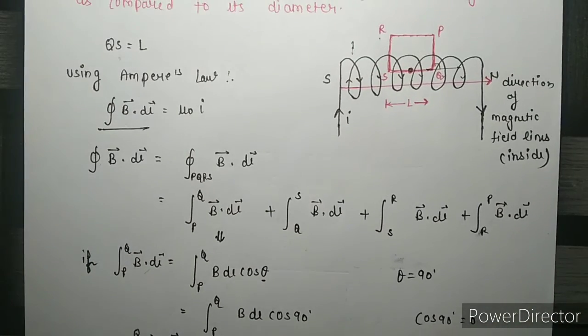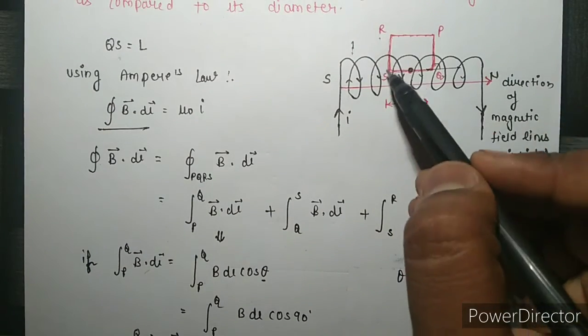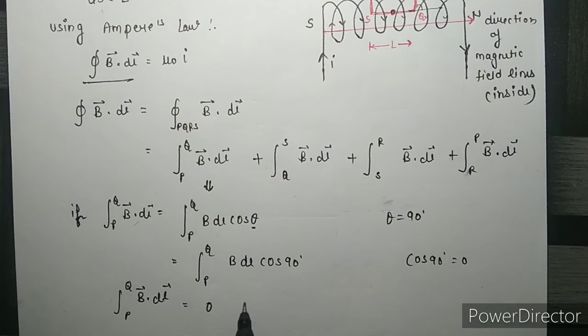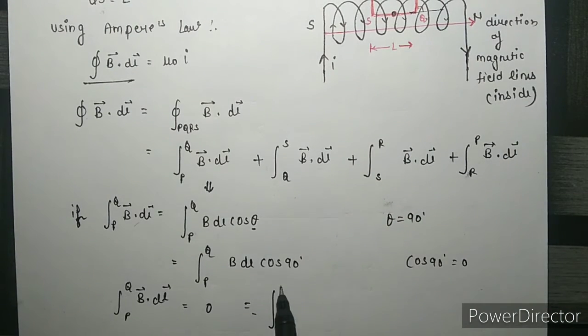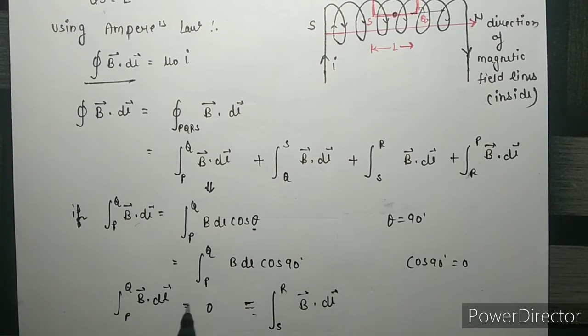The same situation occurs for SR, so S to R of B dot dl is also 0.